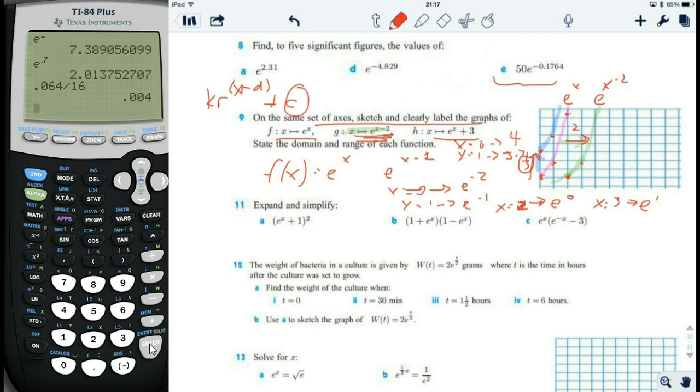And remember that when you add a c term, it moved it up and down. And when you put in the d term, it moved it left and right. And that's just what's happening here. The x minus 2 is moving it to the right by 2, and the plus 3 is moving it up by 3. So when you put in these modifying numbers, it just translates the exponent curve around the screen. Okay?